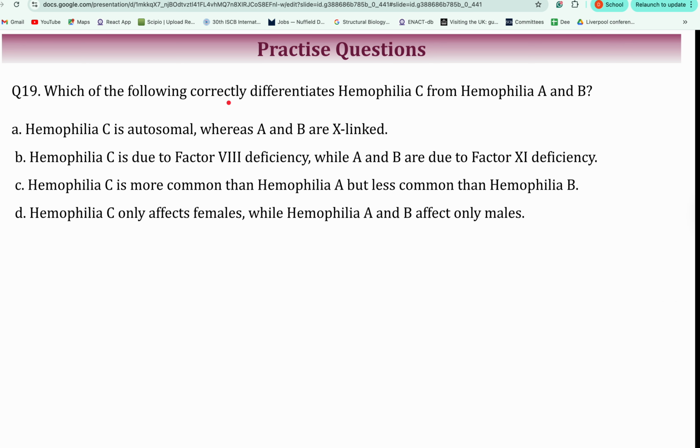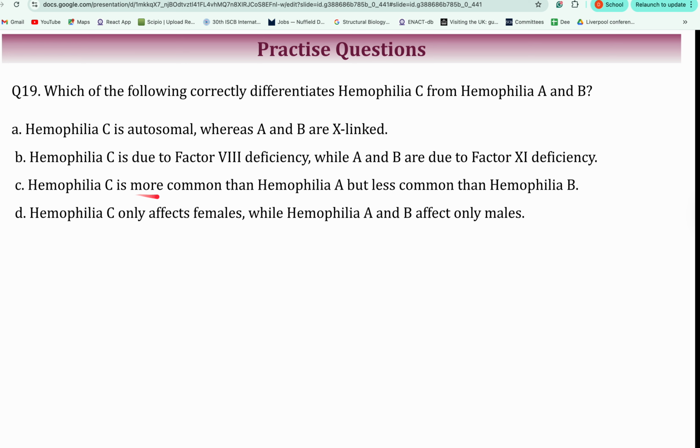Next question is which of the following correctly differentiate hemophilia C from hemophilia A and B? Option A is hemophilia C is autosomal, whereas A and B are X-linked. Option B, hemophilia C is due to the factor 8 deficiency, while A and B are due to deficiency of factor 9.